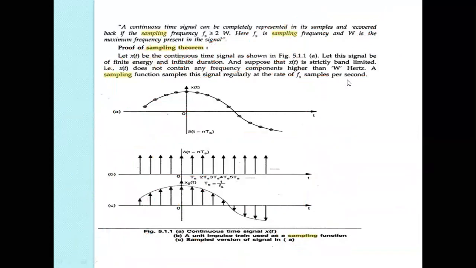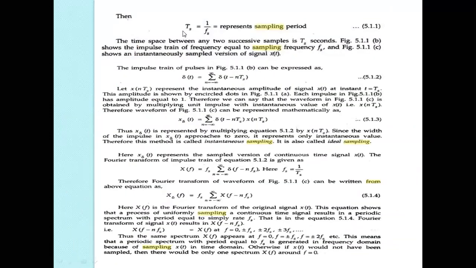Understood, my dear students? How did we get this equation? By taking x of t as a signal and sampling it with the sampling train, the impulse train. Finally we get x delta of t as the sum of n equal to minus infinity to infinity of x of t delta of t minus n into Ts. Here Ts is inversely proportional to the frequency.